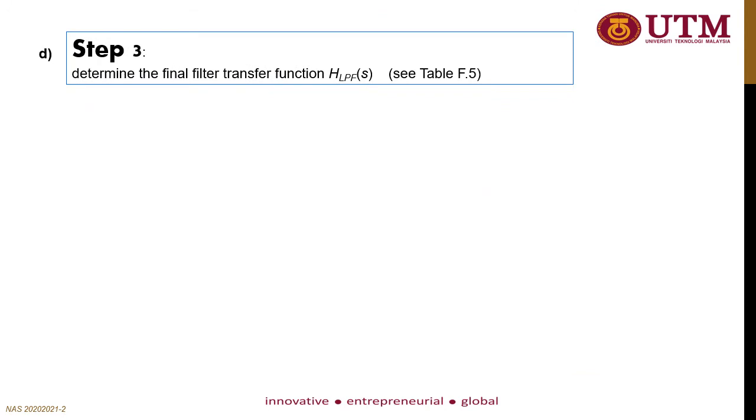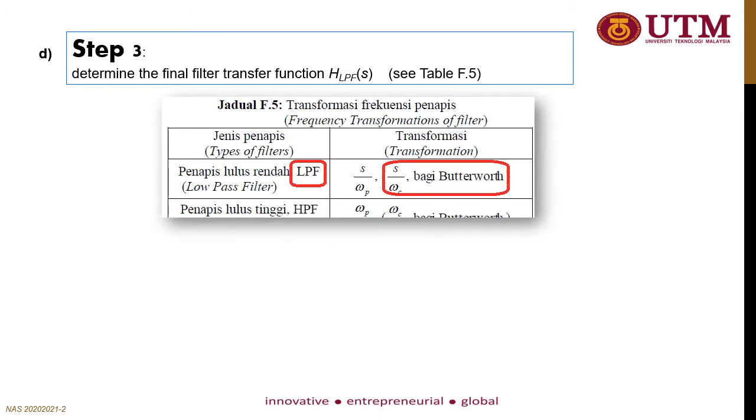Next you need to determine the final transfer function or actual transfer function. You need to refer to table F.5, which shows the frequency transformation of a filter. This is a low pass filter, and please make sure you get the correct equation.